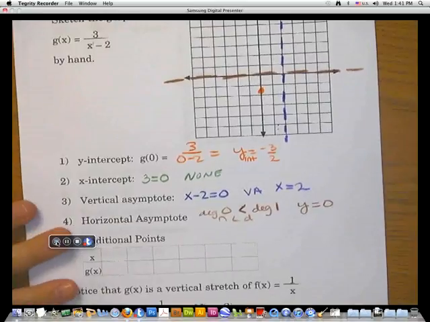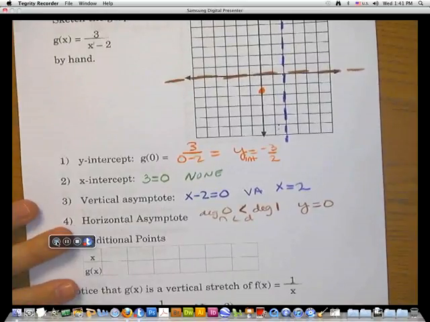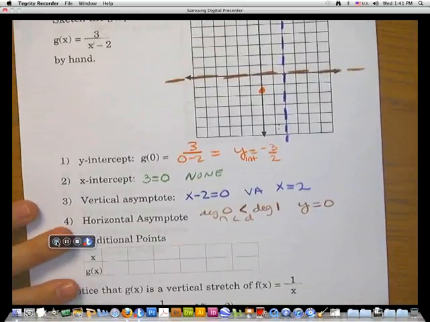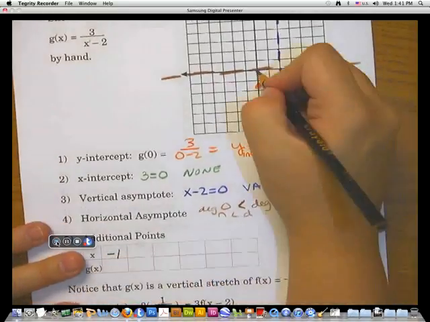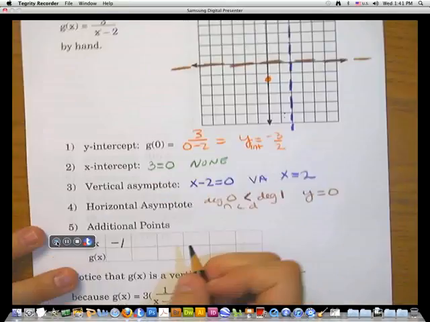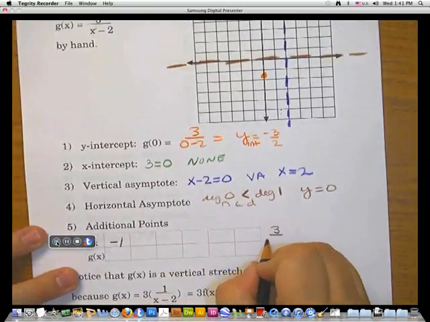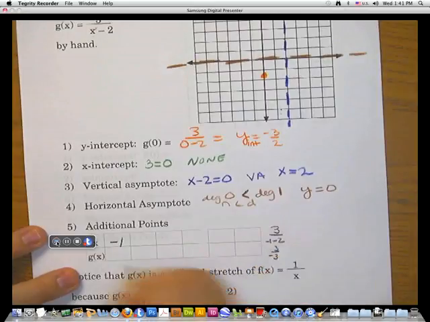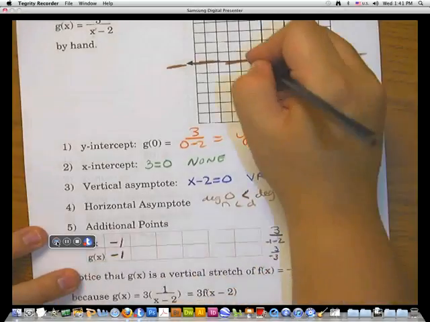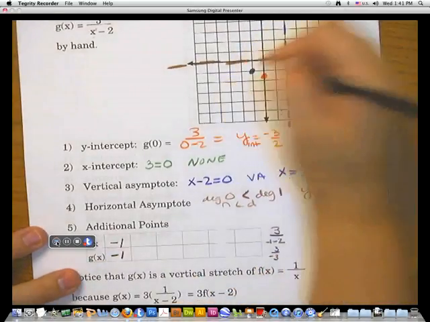And then we need to have some additional points. And we're going to pick easy points here. I'm going to pick negative 1, because if I put in 3 over negative 1 minus 2, well, that's 3 over negative 3, so y is negative 1.